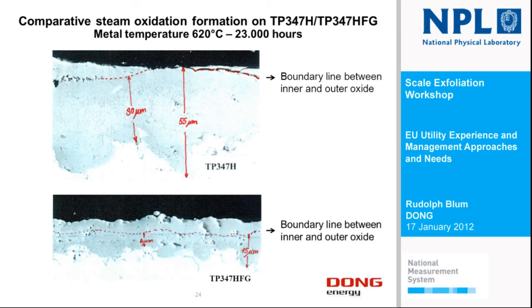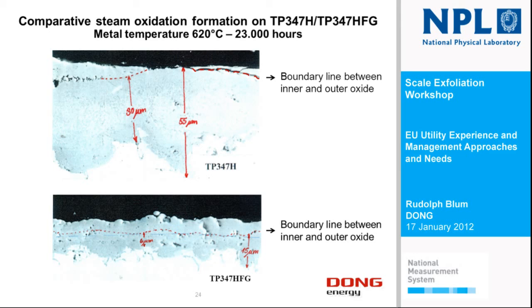Here you have up to something like 55 micron of chromic spinel. Here you have up to 15. On average maybe 30 here, only 6 here. And here you hardly see the top because it has already exfoliated. Here you see a very even top of this iron-rich oxide.